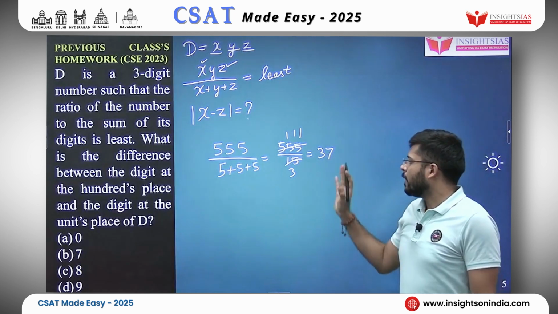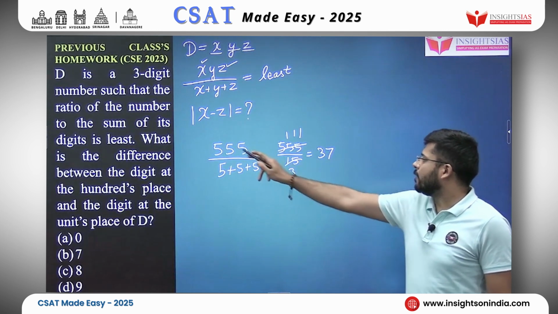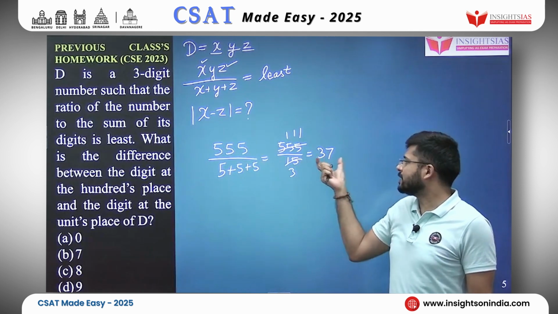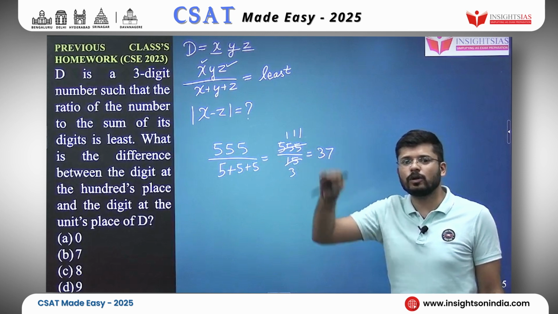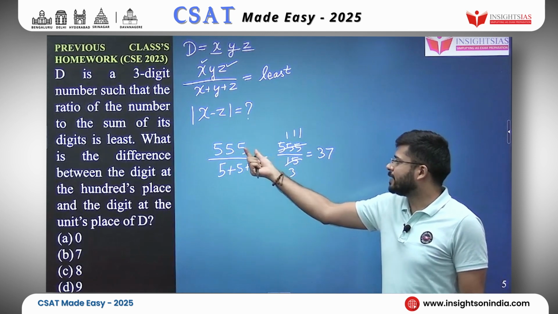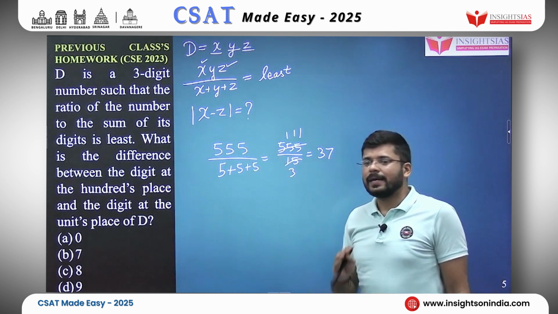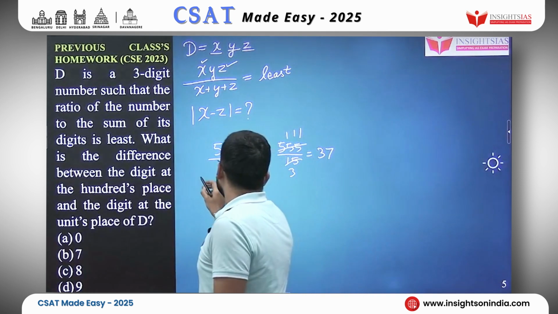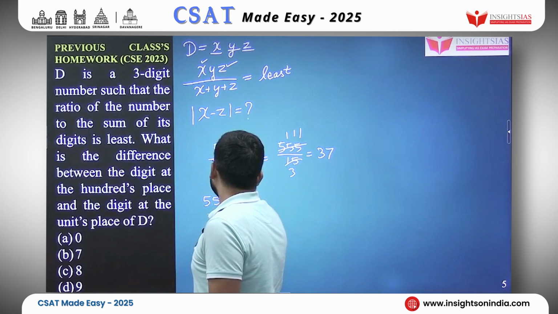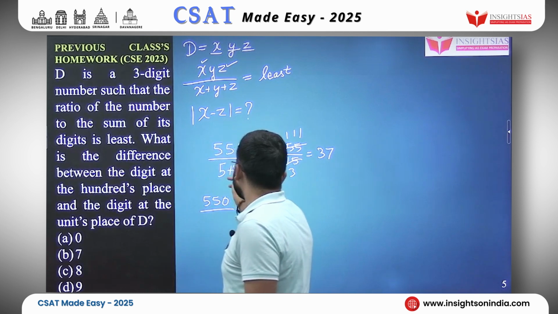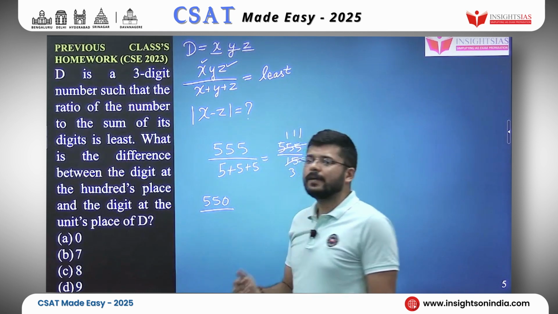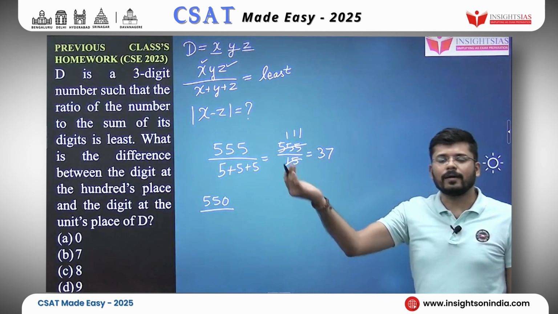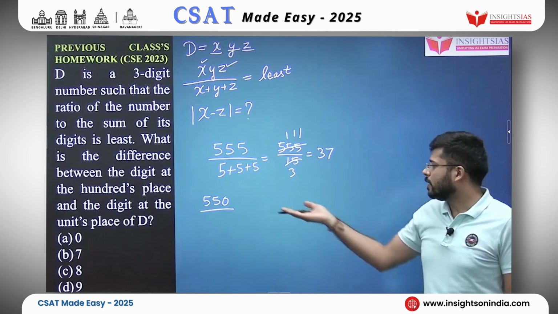Okay, and now we will vary each digit beginning from the units place and see how it affects this ratio, if it increases it or decreases it. First we will make this 550 and see how it happens. We are just varying the units place and seeing how it affects this ratio. If lowering it increases the ratio, then we will raise it.